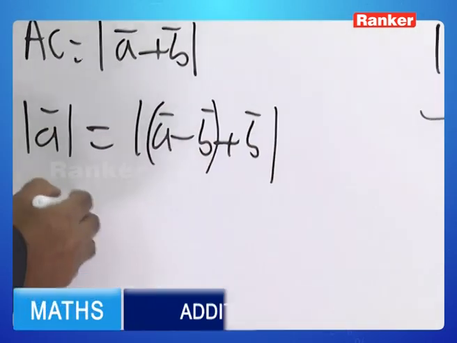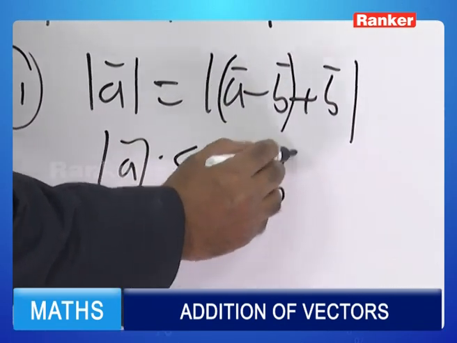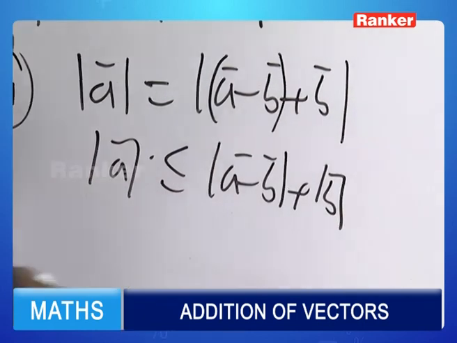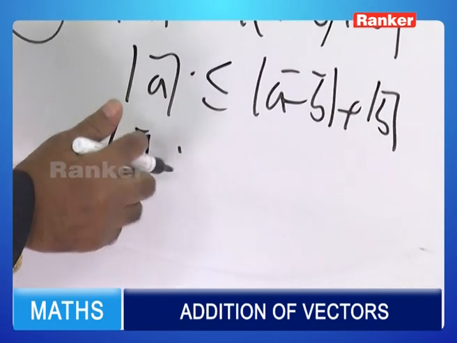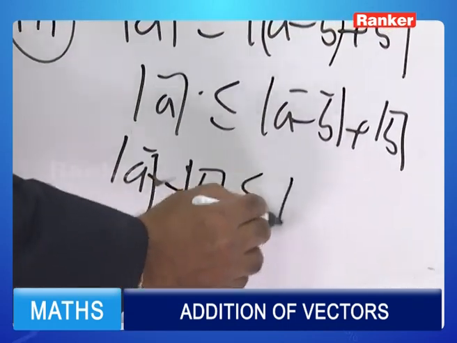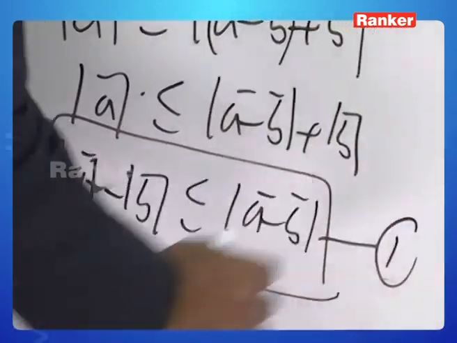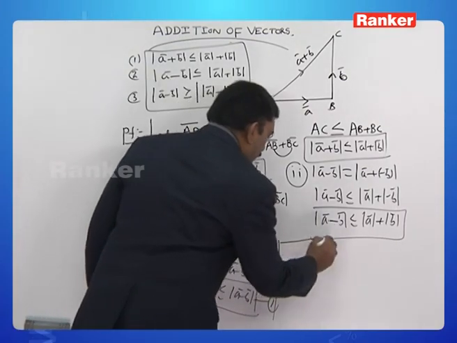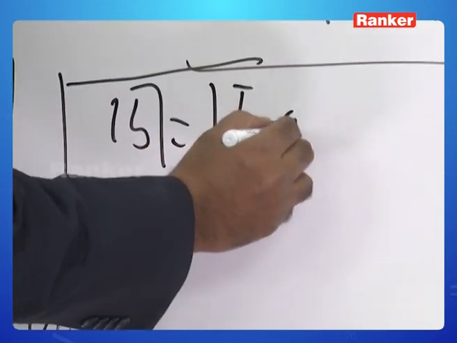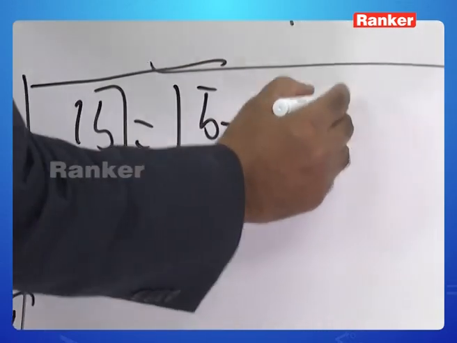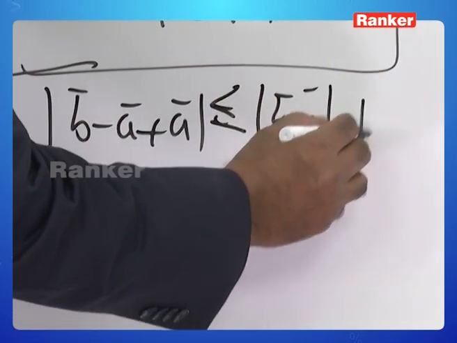Modulus of A bar is less than or equal to modulus of A minus B plus modulus of B. You transfer to this side, this becomes modulus of A minus modulus of B is less than or equal to modulus of A minus B; call it 1. In the same fashion, I can also write modulus of B bar is equal to modulus of B minus A plus A. This is less than or equal to modulus of B minus A plus modulus of A.